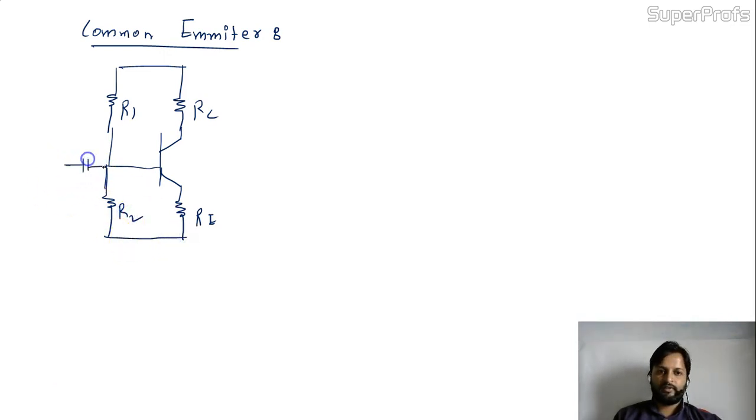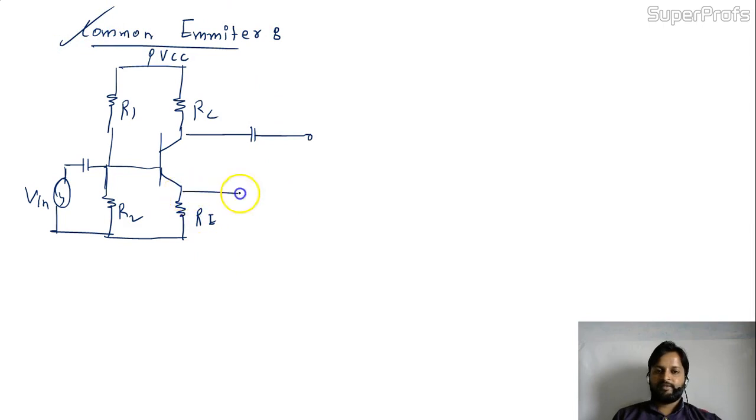R2 is connected with input, and input is V in, like this, and this is RC, and here it's VCC. Is it okay? So this is the common emitter.